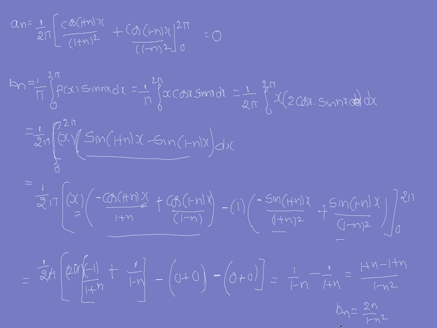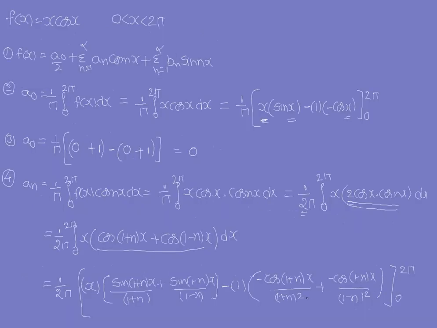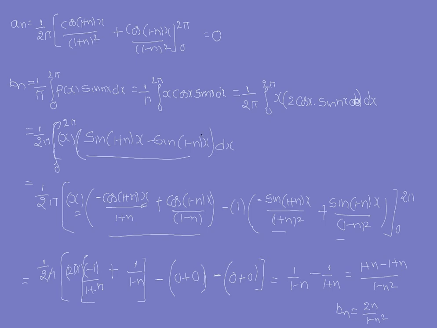So this is the bn value. In the previous step we got the a naught value as 0, and an value is also 0.